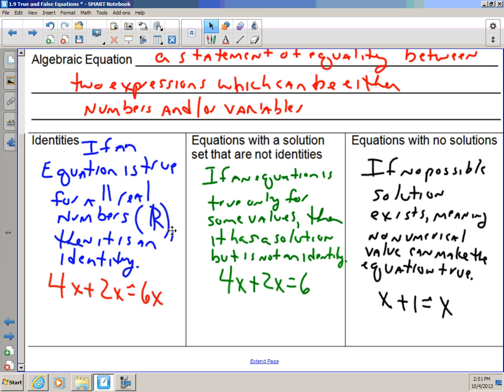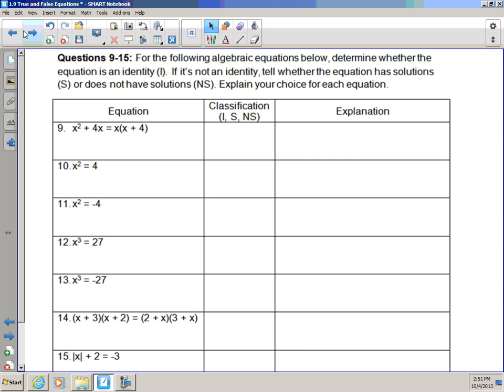So infinite number of solutions, that's an identity. A set or finite number of solutions, that's an equation that is not an identity. And then if there's no solution, that's, again, an equation that has no value that makes it true.